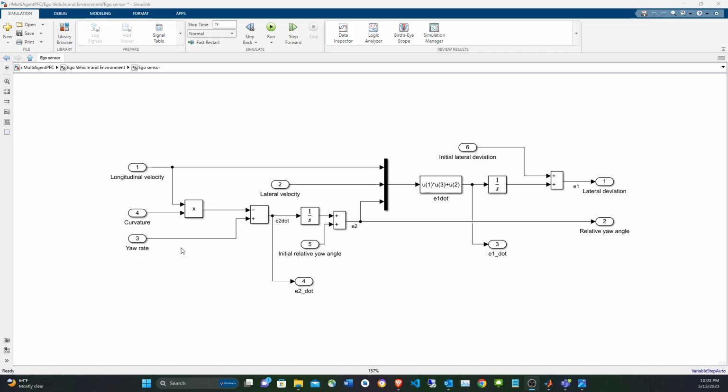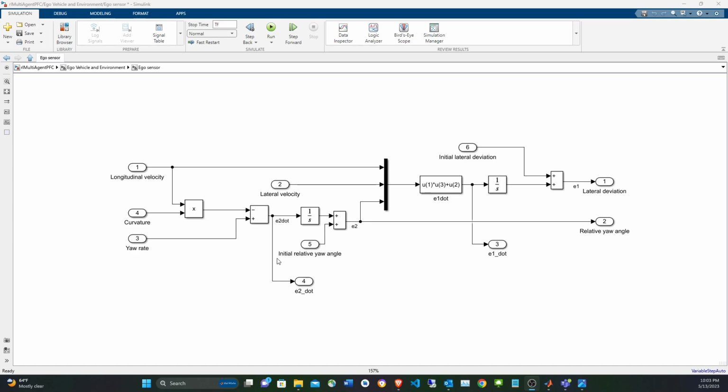From here we already have the longitudinal velocity and also the yaw rate, the rate of change of the angle. Now we want to get the lateral deviation and the relative yaw angle, and both of them affect each other. So here we compute the rate of change of the relative angle, which is computed through the curvature and longitudinal velocity.